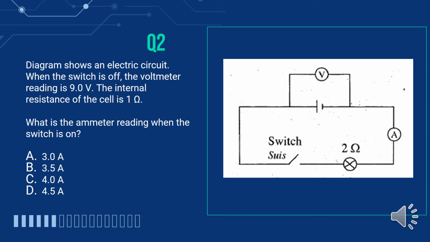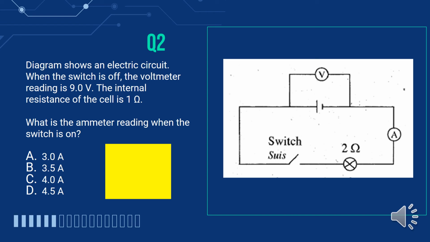So, got your answer? Let's discuss. The question mentioned that when the switch is off, the voltmeter reading is 9.0 volt. So, 9.0 volt here means the electromotive force of the battery.